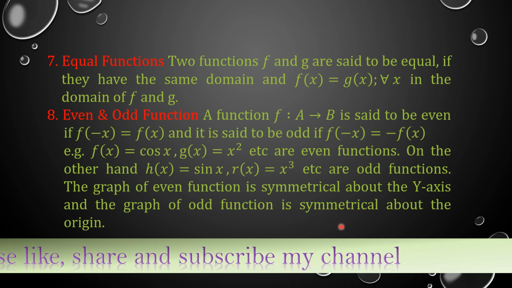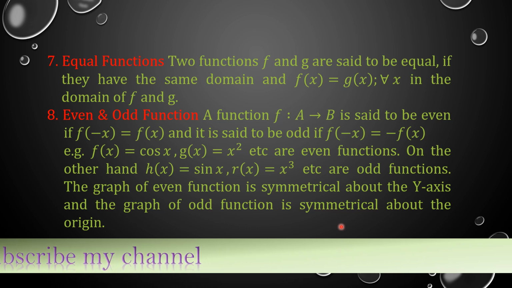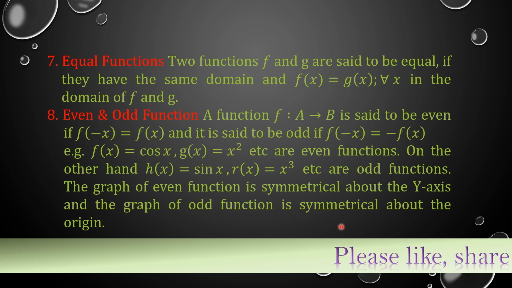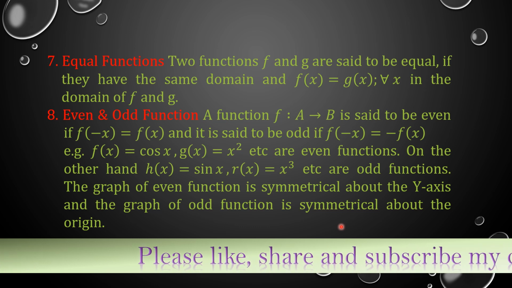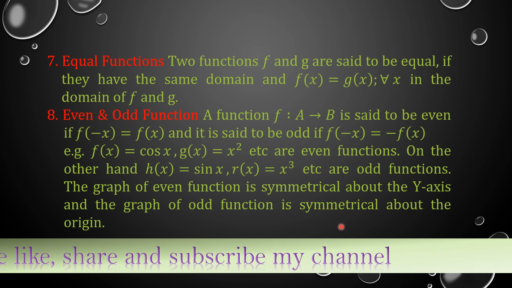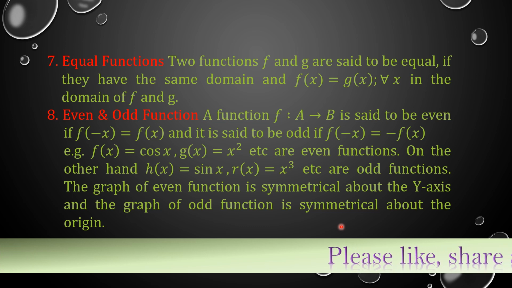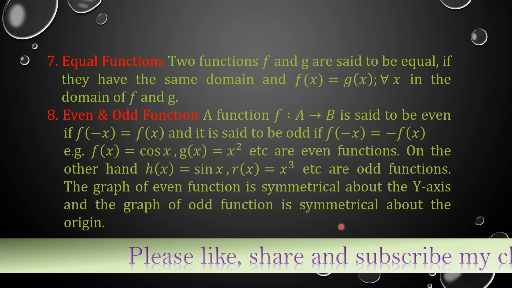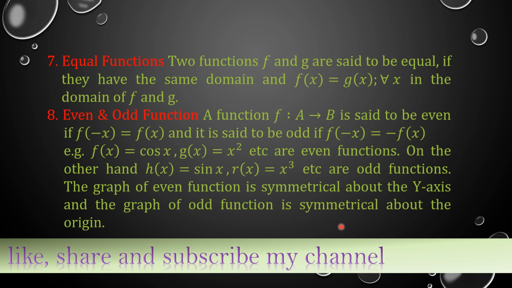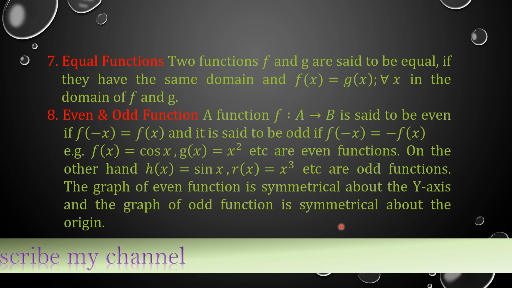By observing a graph of a function, you can obviously say whether that function is an even function or an odd function, just observing the graph. If the y-axis is acting like a mirror for the left part or the right part of the graph of the function, then you can say that this is an even function.